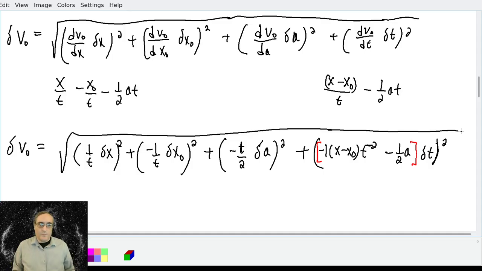Alright, way too much information, I know, but study back through this, understand what's happening with partial derivatives. Partial derivatives are where you take the derivative with respect to one of the parameters, treating all the other parameters as constants, which is why when I take the derivative with respect to position x, I can drop the terms that depend on x naught and acceleration because they don't contain the final position x.